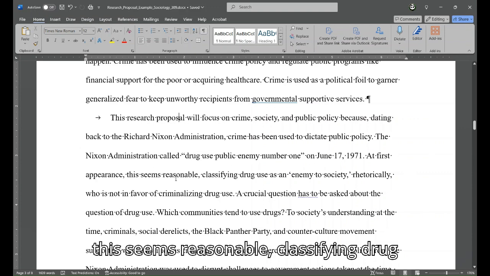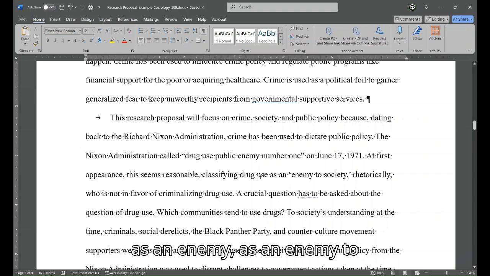At first appearance, this seems reasonable, classifying drug use as an enemy to society. Rhetorically, who is not in favor of criminalizing drug use? So that's explaining why I selected it.